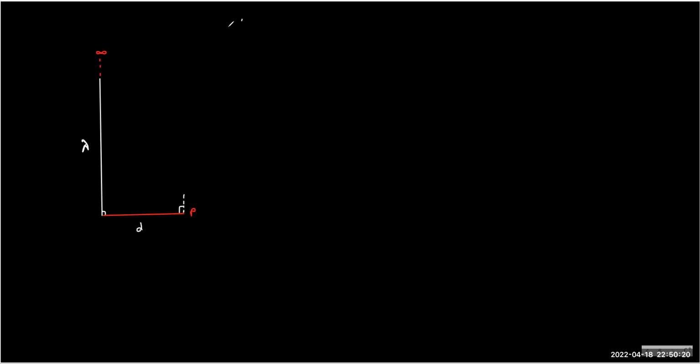So the resultant will be the bisector of this, which is 45 degrees.